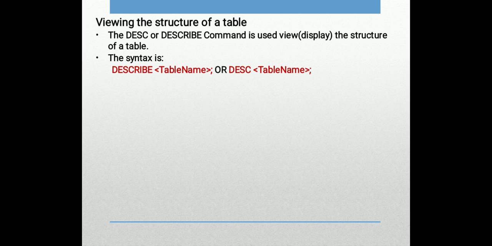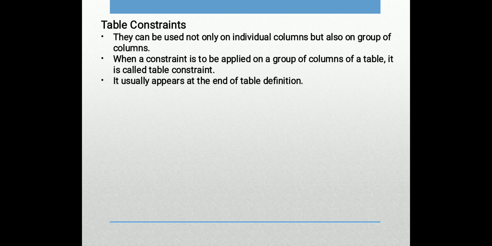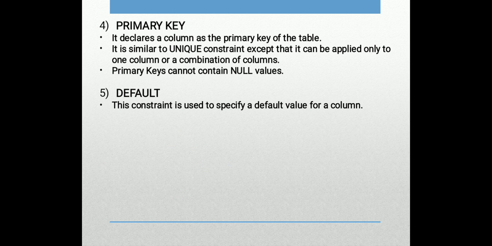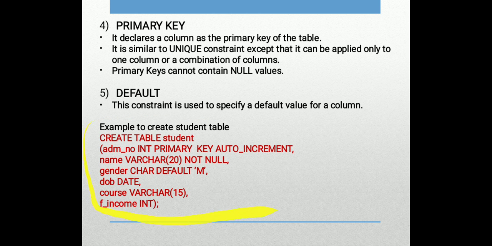Now, if we create a student table with these column names and want to view its structure, here we created a student table with the admission number, name, gender, date of birth, course, and family income of the student.